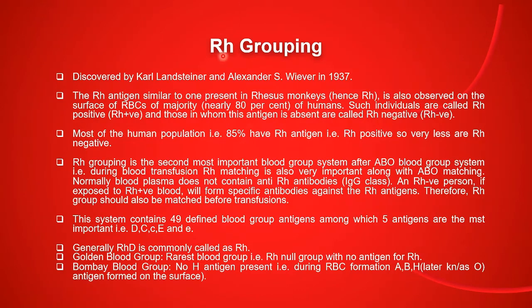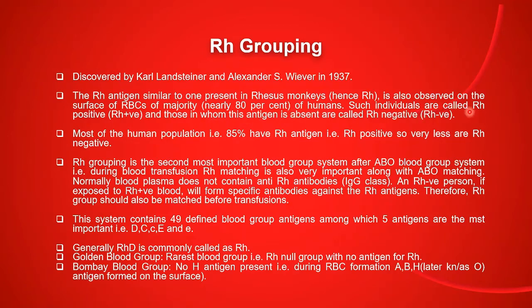Now after this, firstly we will see what the Rh grouping is. Rh grouping was done by Karl Landsteiner and Alexander Wiener in 1937. The Rh antigen is similar to one present in the rhesus monkey, which is why the name Rh is given, and it is also observed on the surface of RBCs of the majority of humans. About 80% of human blood has the Rh factor.